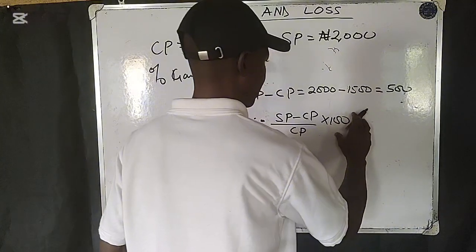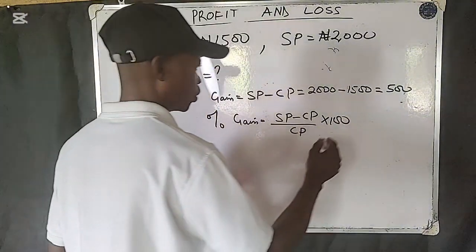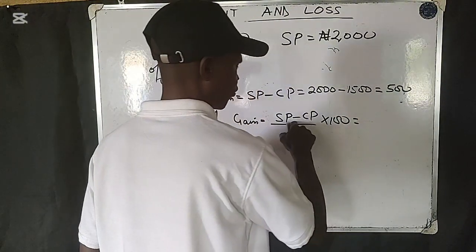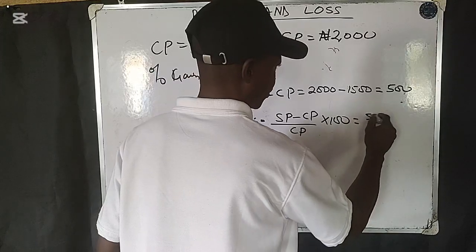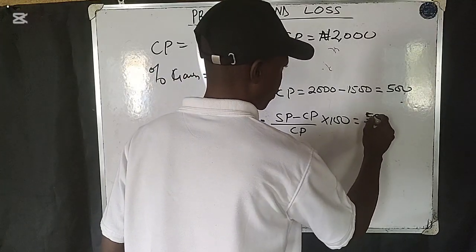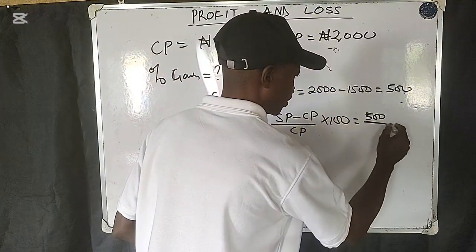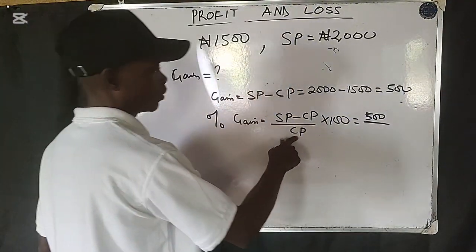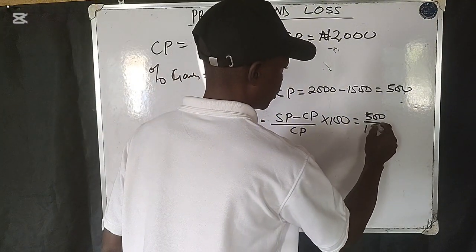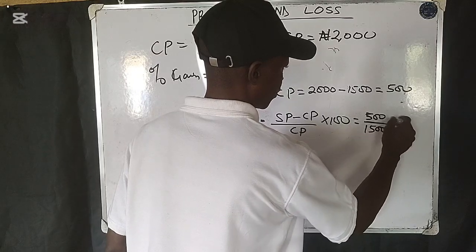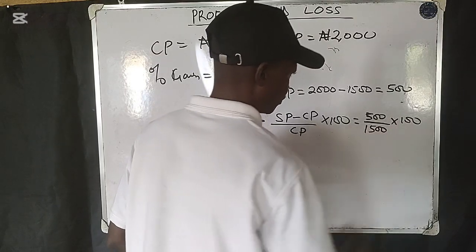So you already know your gain here, so you can also use this. This is already 500, right? 500 over what? Cost price, which is 1,500 times 100.